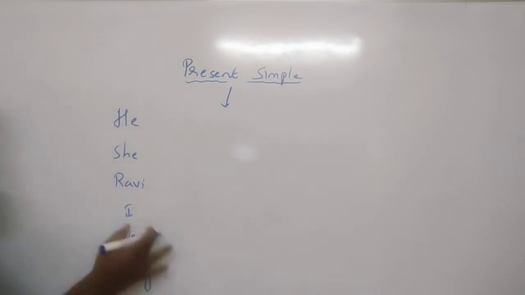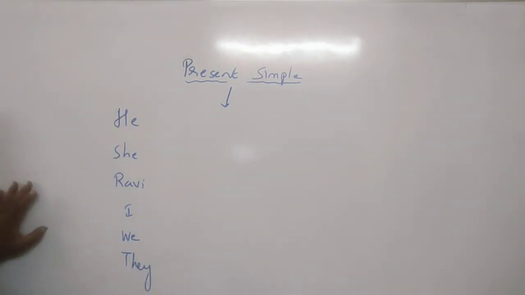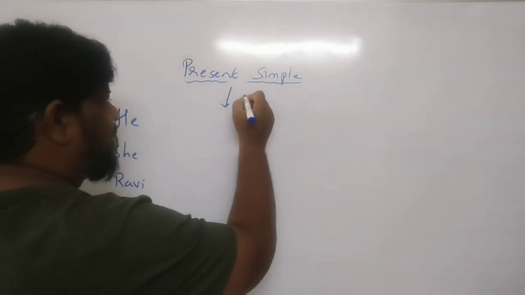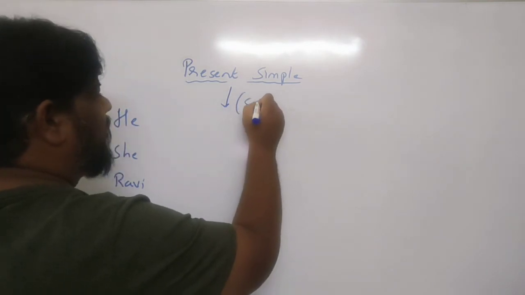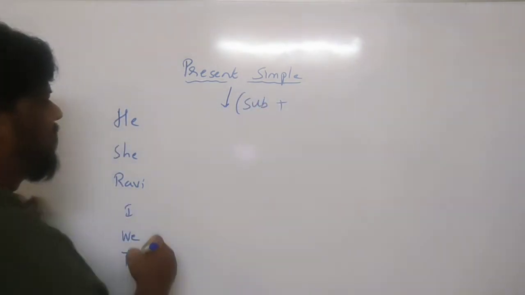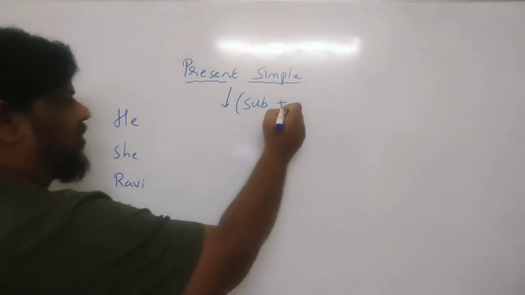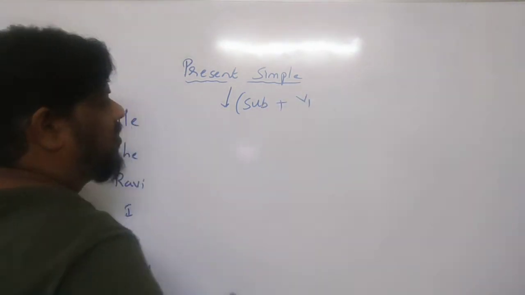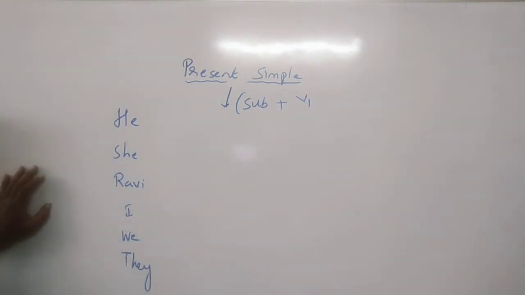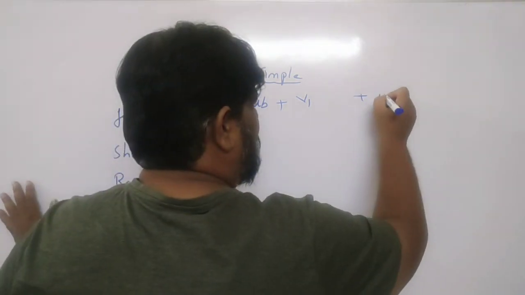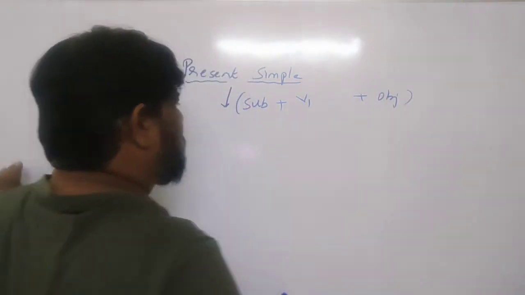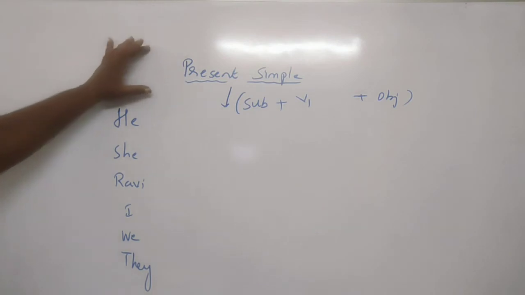These are the 6 subjects I'm going to use now. Here in the present simple, we have a small formula: subject plus V1 plus object. This is the formula of the present simple.